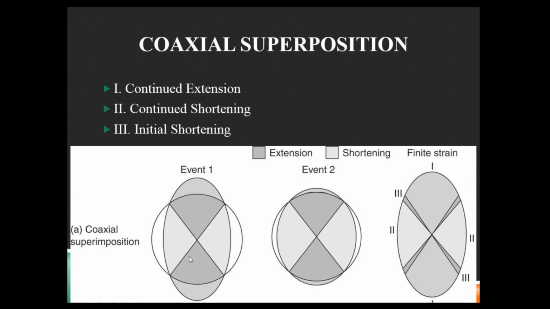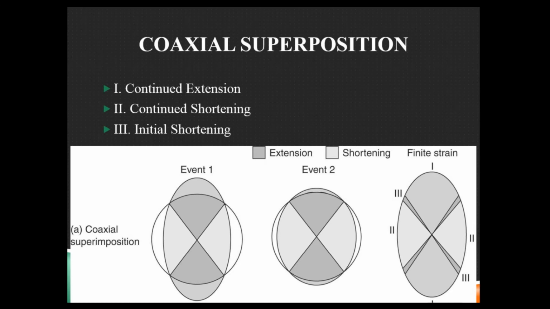What it is, if you had your original rock and you drew a circle on it before the event, after the event it would be elongated like the blue areas. If you then could jump in time and draw another circle right before event 2, after event 2 it would be distorted to look like those blue areas in event 2.